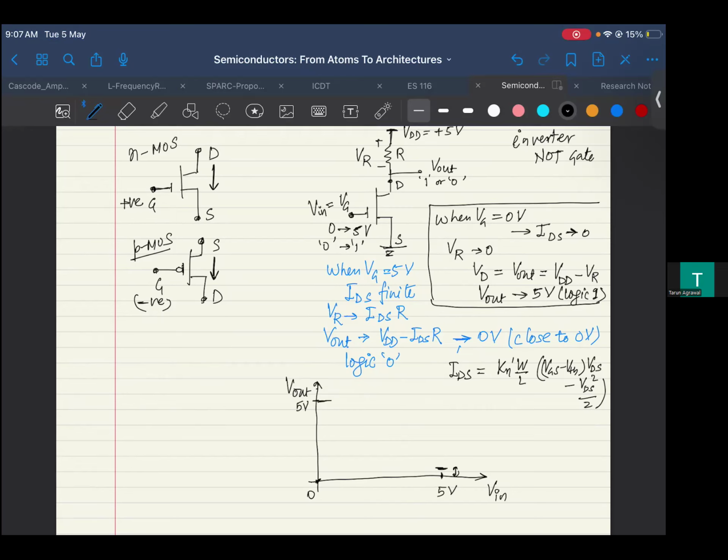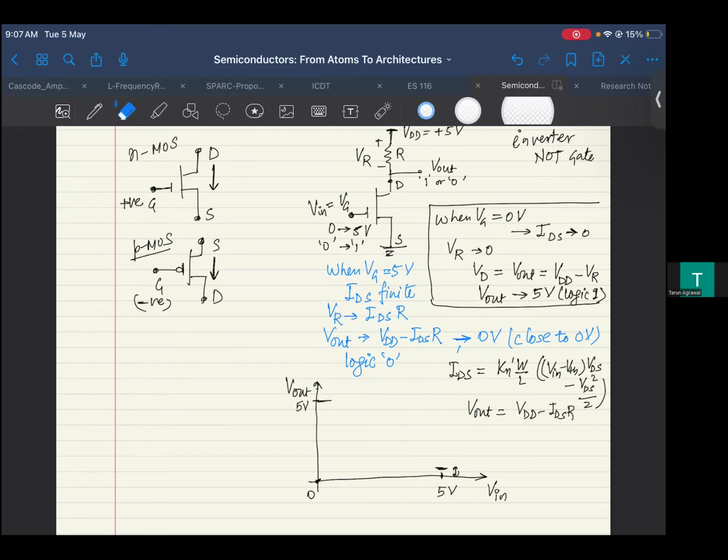But this has to be solved along with the circuit equation, which we wrote there as V out is equal to your VDD minus IDS R, right? They have to be solved together because VGS we know can be V in, right? We can substitute this with V in. But when we put in this equation, the VDS is now the output, right?